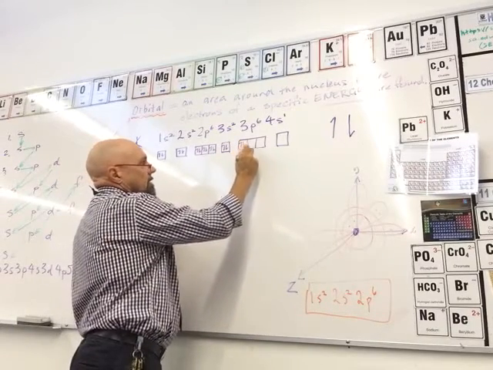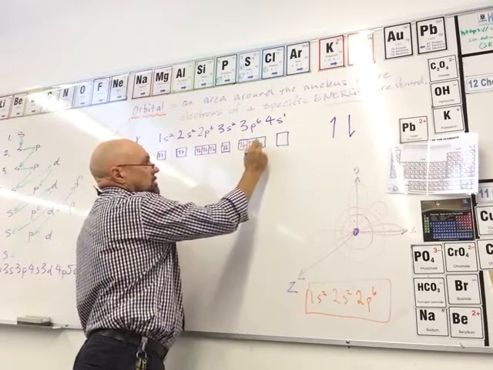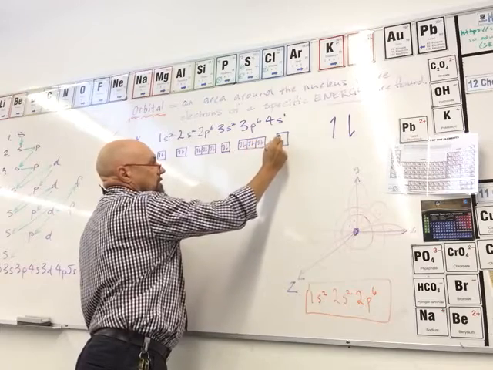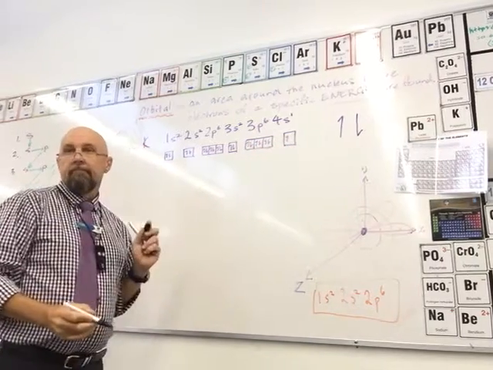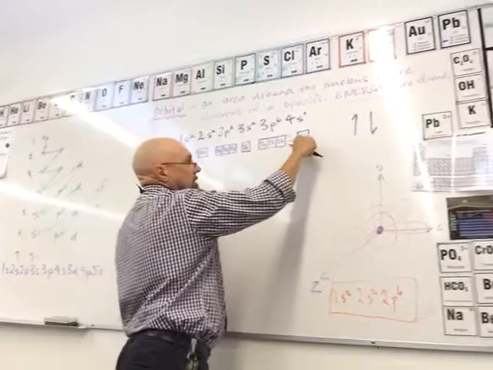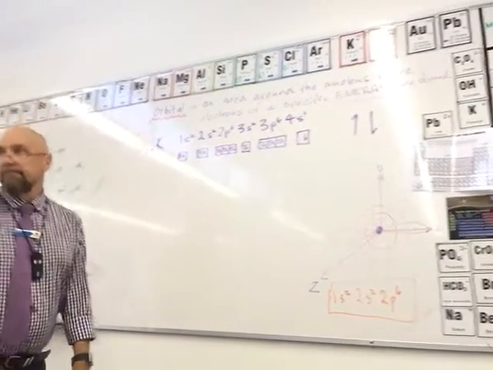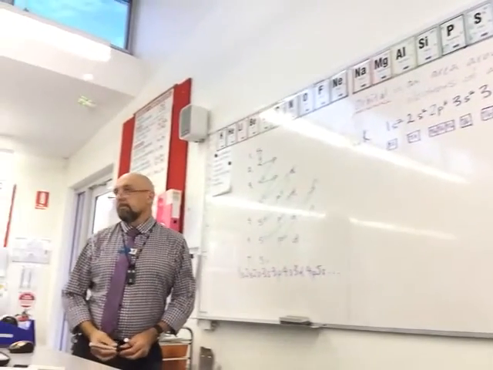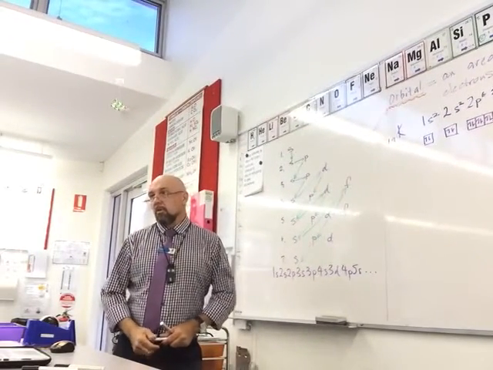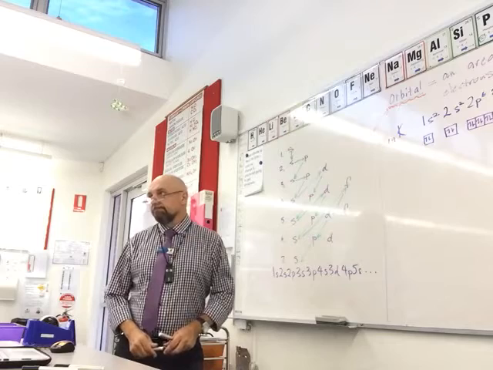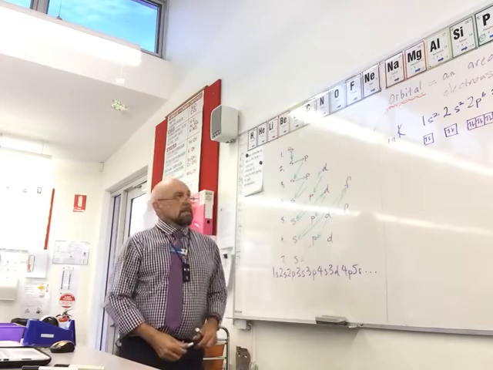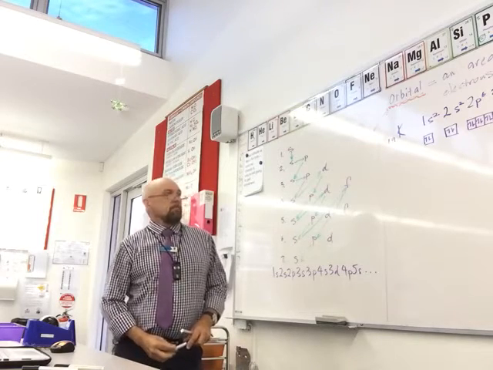Over here, the 3p has got 6 electrons in it, but the 4s has only got 1. It doesn't matter whether you draw it like that or like that. There's only 1 of them in there, so that orbital is only half filled. So that's the notation for potassium using orbital notation.